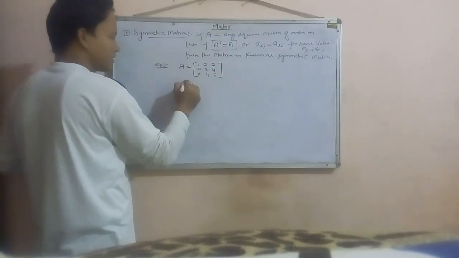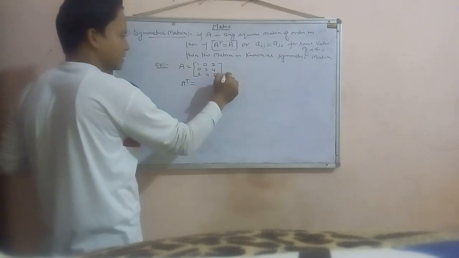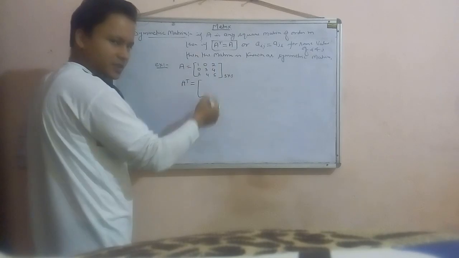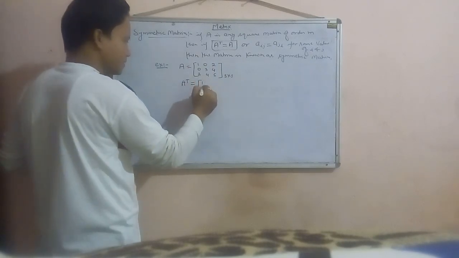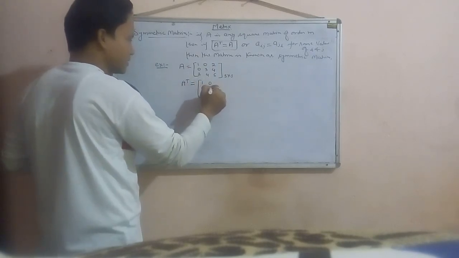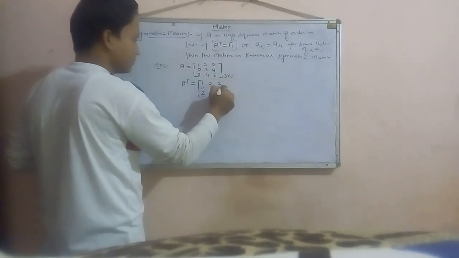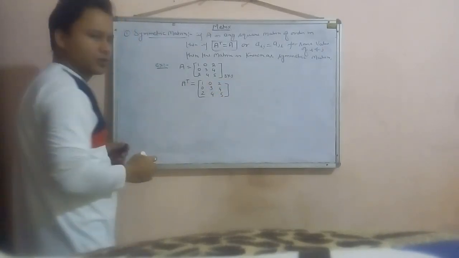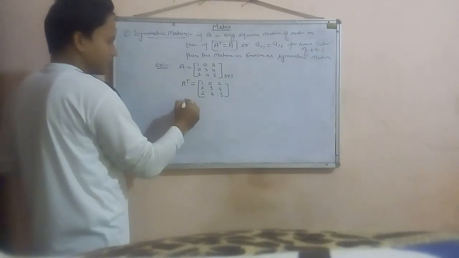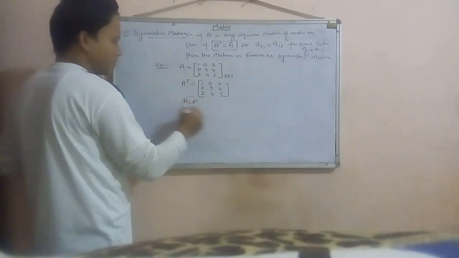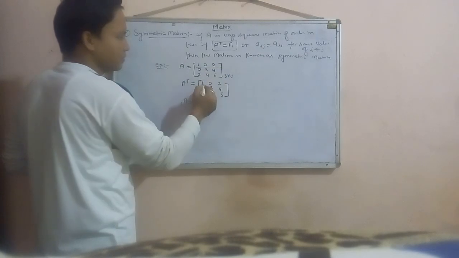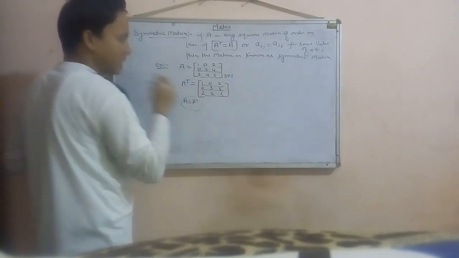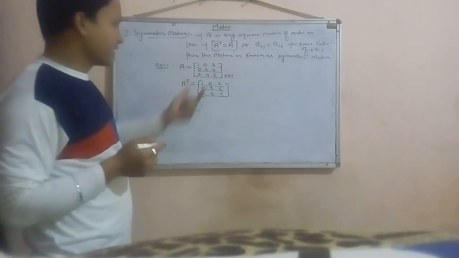So now taking the transpose of this matrix, this is a 3 cross 3 matrix. Now taking the transpose, row becomes interchanged with column: 1 0 2, 0 3 4, 2 4 5. Okay students. So now have a look. Is the matrix A equal to A transpose or not? Check. You can check 1 0 2, 1 0 2, 0 3 4, 0 3 4, 2 4 5, 2 4 5.